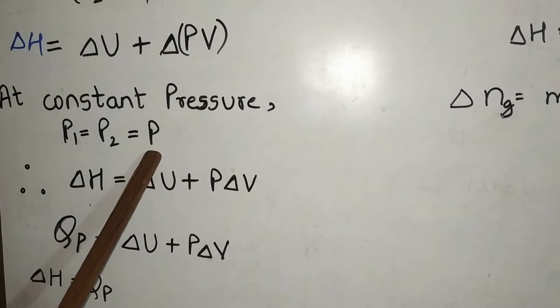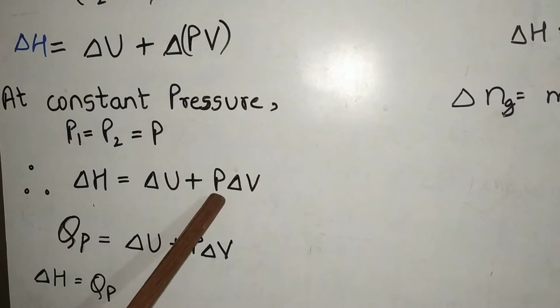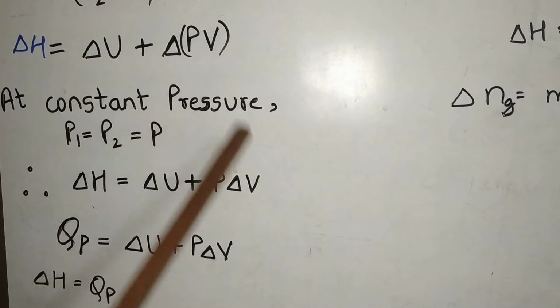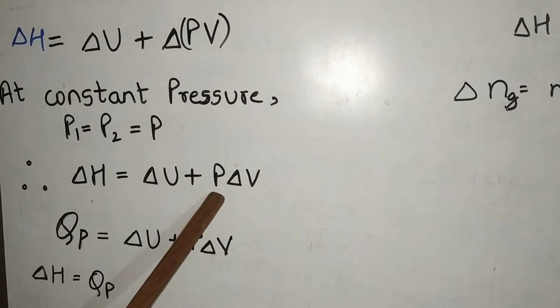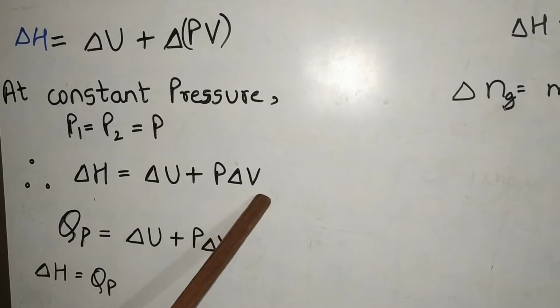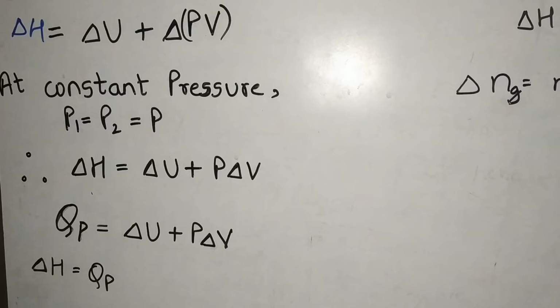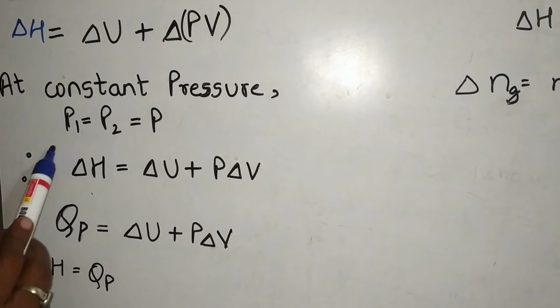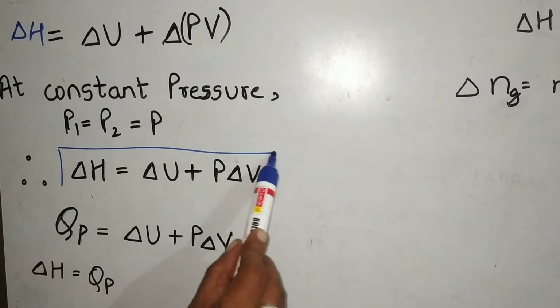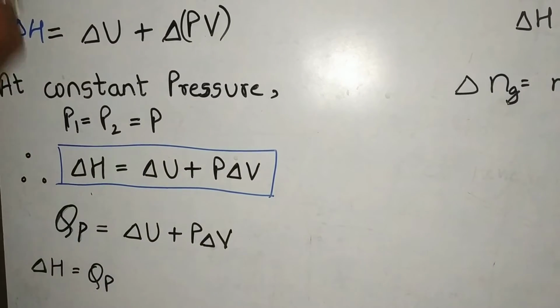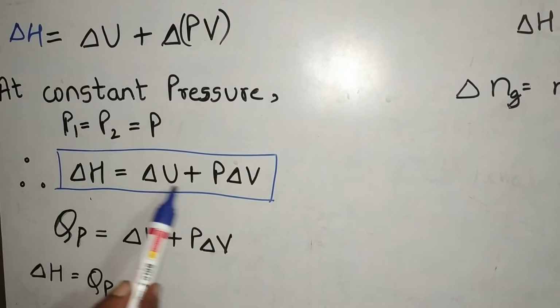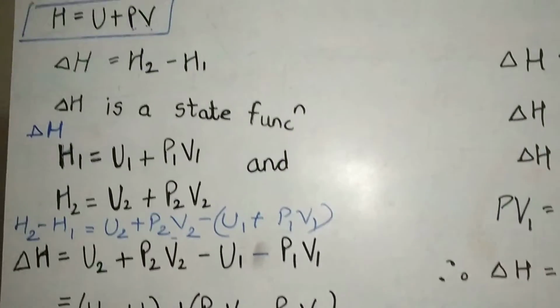Pressure is constant P. So we are just writing this as P, and delta V changes because this is not constant. Here we have taken pressure as constant P, so the delta sign is gone and you get P into delta V. This becomes the expression for change in enthalpy. So you get a question sometimes that derive the expression for change in enthalpy, which is like this. From here to here you are supposed to write that. The expression comes for 2 marks.